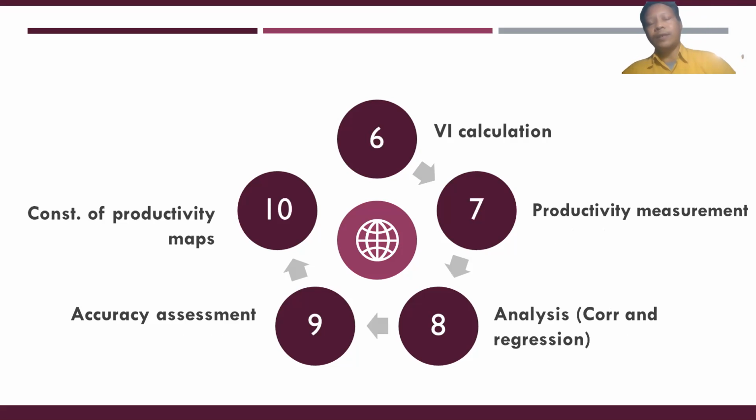And then after that, we calculate the vegetation indexes or indices along the way of the crops, from the planting time up to the harvesting. And then we measure the productivity and analyze the index with the productivity, and also, of course, with accuracy assessment. And at last, we can map the productivity of the individual rice plots on the field.